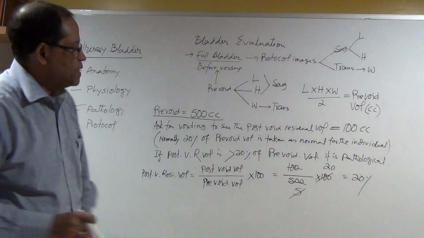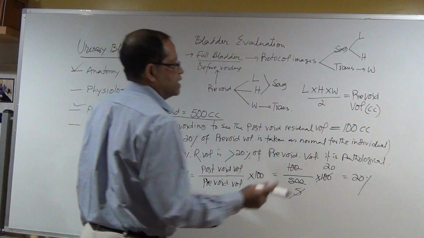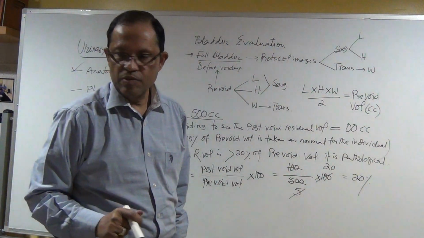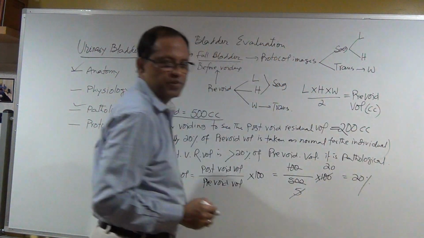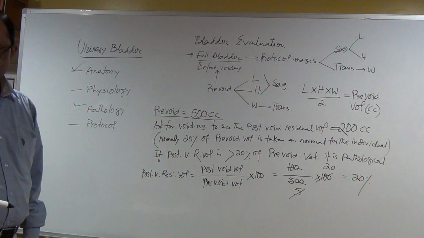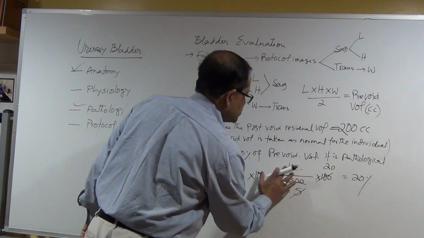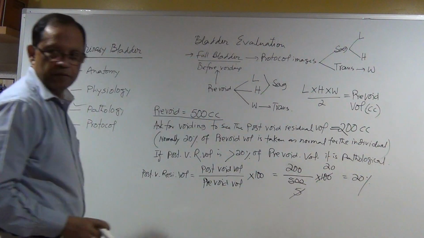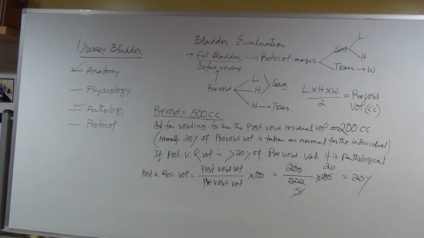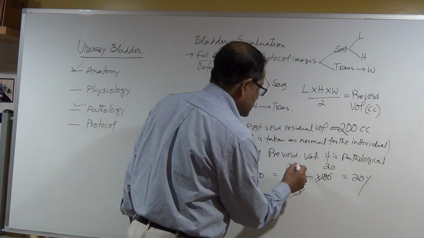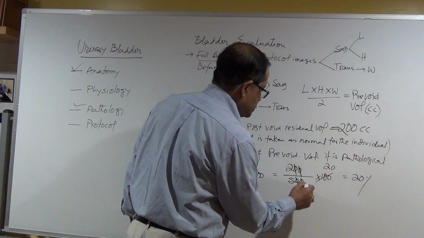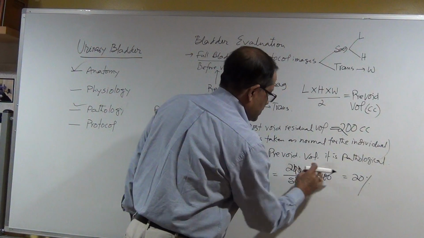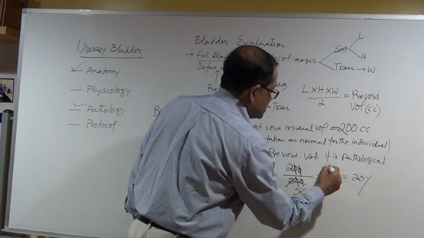If the patient comes back after voiding and I measured the post-void volume is 200 cc, then I'm going to use 200 over here, right? So now I will cross out this 0, this 0, this 0, this 0, and the 5 is on the down, so this 5 and this 100 is 20.